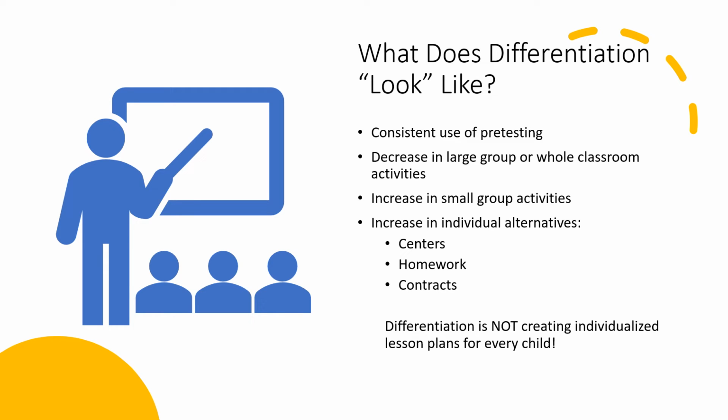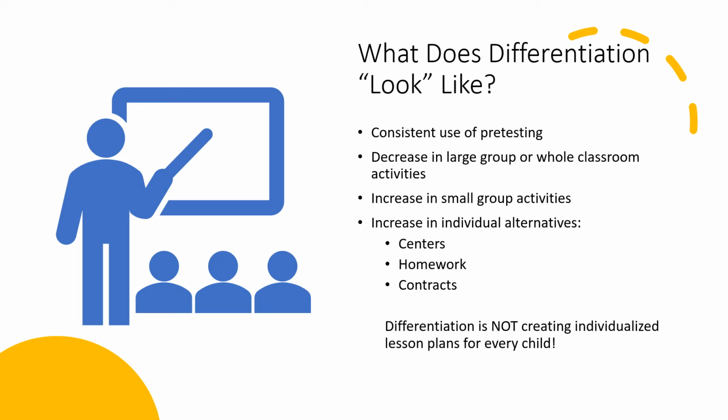What does differentiation look like in the classroom? Here are some simple things that you might see. You might see a consistent use of pretesting. You might see a decrease in large group or whole classroom activities and a corresponding increase in small group activities.